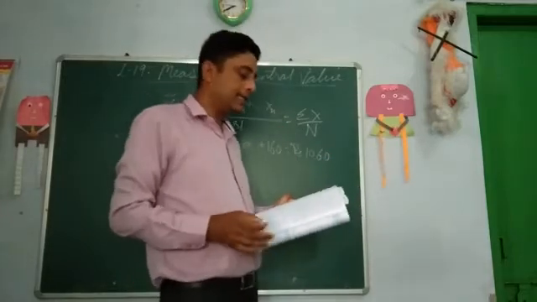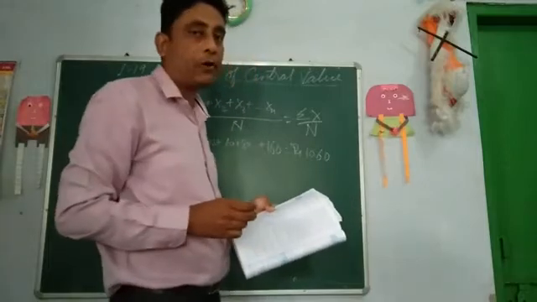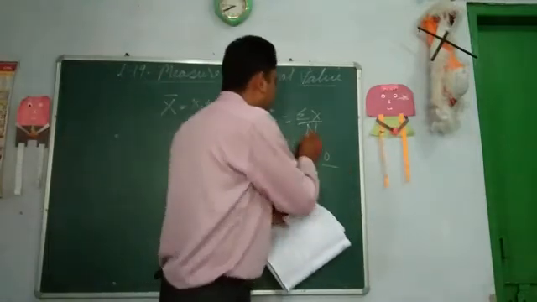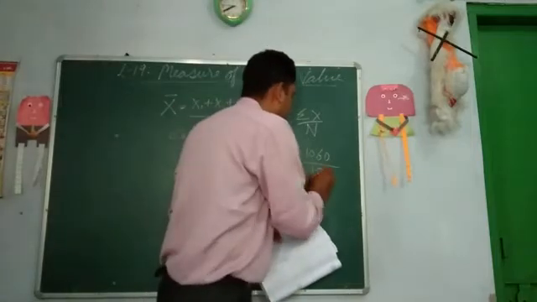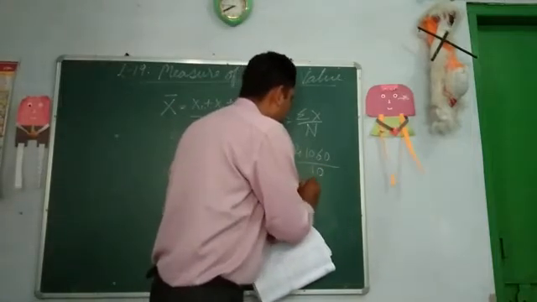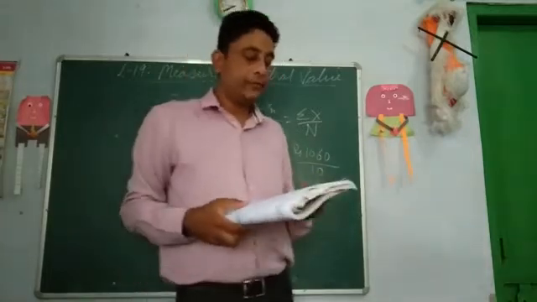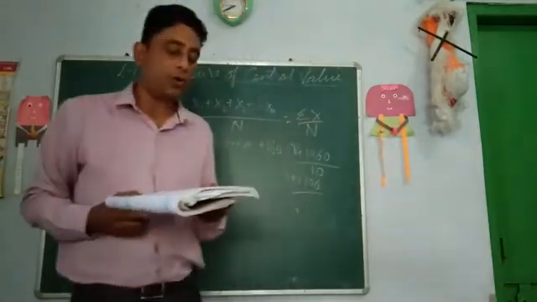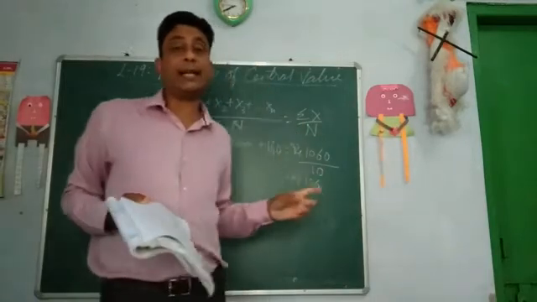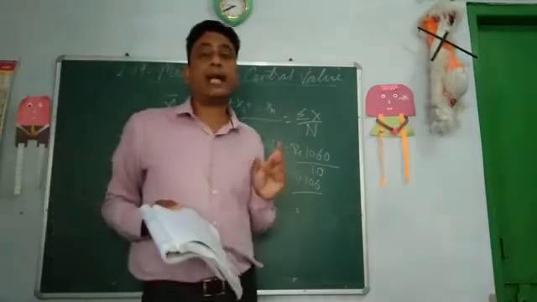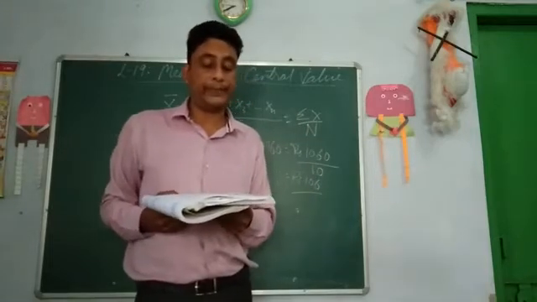Now 1060 is sum of x, divided by the number of items. The number of items is 10, as 10 workers are there. So divided by 10, it will be rupees 106. So rupees 106 is the arithmetic mean, the average wage rate given to workers of a factory.